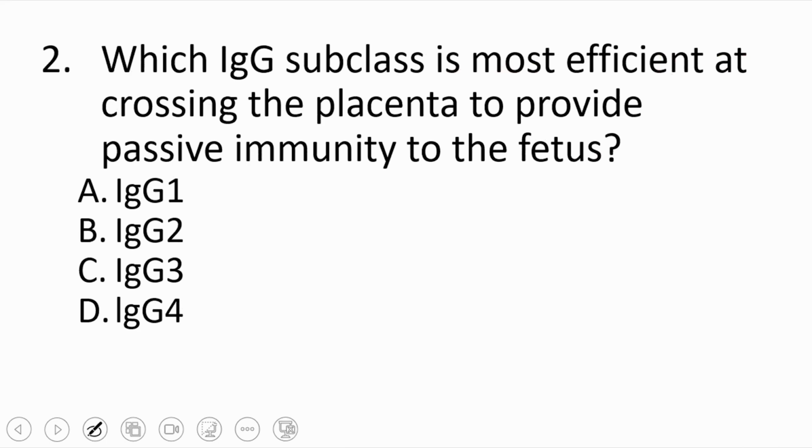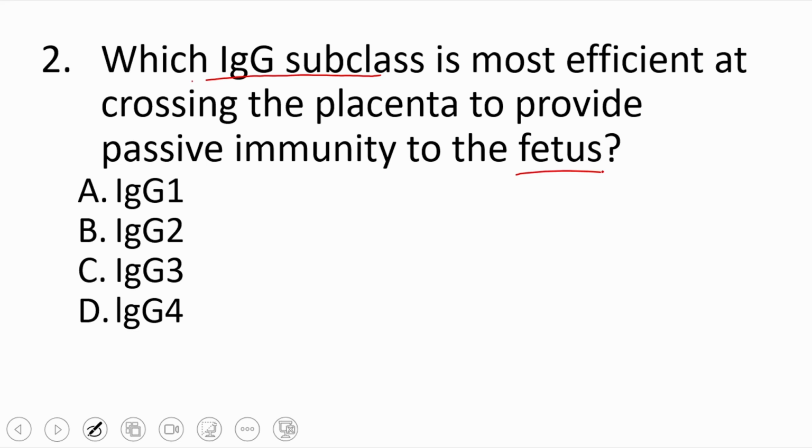Which immunoglobulin G subclass is most efficient at crossing the placenta to provide passive immunity to the fetus? The only immunoglobulin which can cross the placenta to provide protection for the fetus is immunoglobulin G. The rest will not cross the placenta.